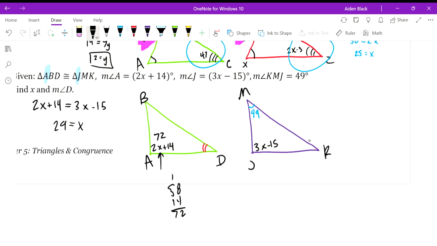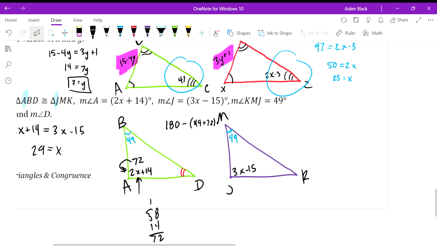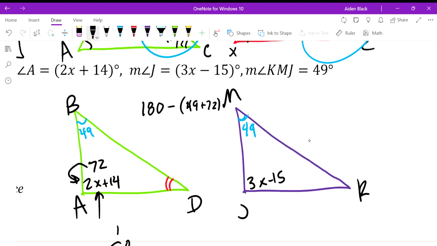So this angle here is 72, angle A. I know that angle B corresponds to angle M and they're congruent. So then that means the remaining angle, angle D, must be 180 minus the sum of 49 and 72. Okay. I don't have enough time to finish this. So 121. That is 59 degrees.